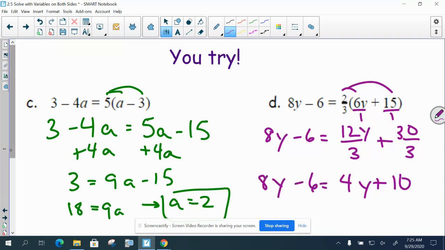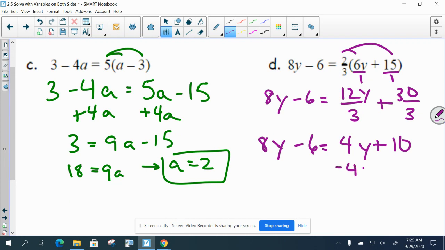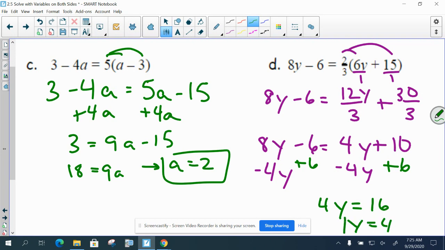All right, and then I'm going to move the smaller y, so minus the 4y. At the same time, I'm going to add 6 to both sides. So you have 4y equals 16, so y equals 4.